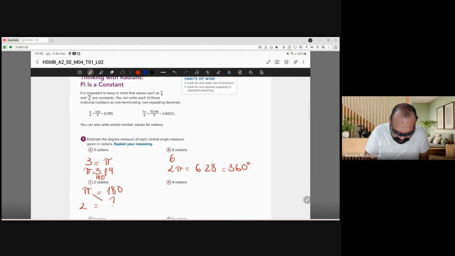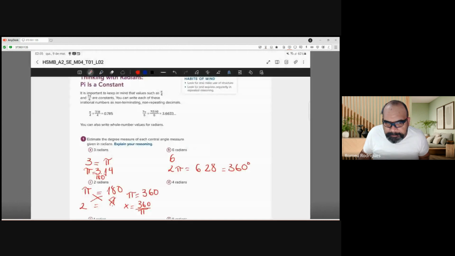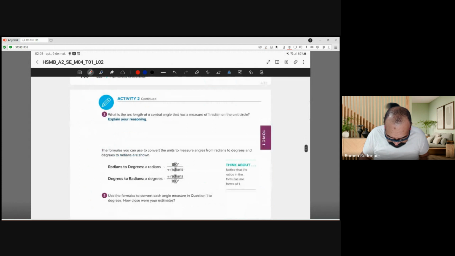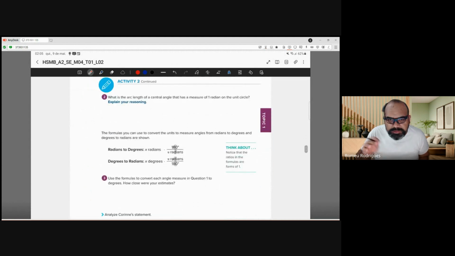Let's do here, cross multiply: pi equals 180 and 2 equals x, I call this x, okay? x equals 360 divided by 3.14. And just use the calculator, you figure out the angle here. Okay, that's the method. And keep doing for the other ones here. And if you keep working the same activity, it explains better how to convert radians to degrees, degrees to radians. That's important to keep working and understand the pattern.